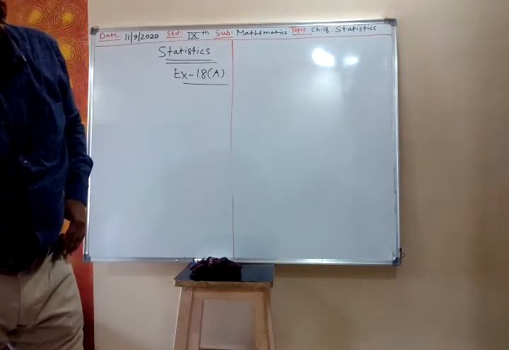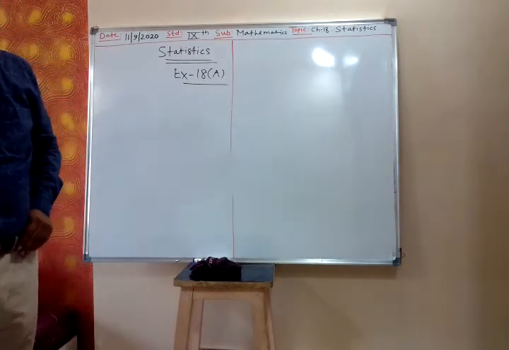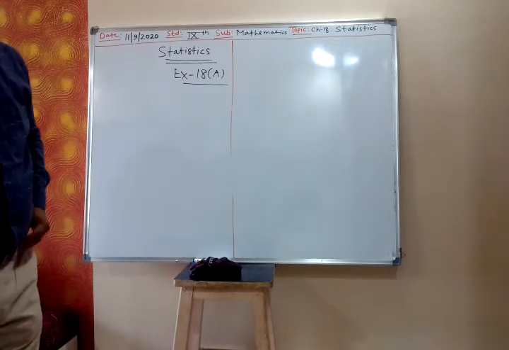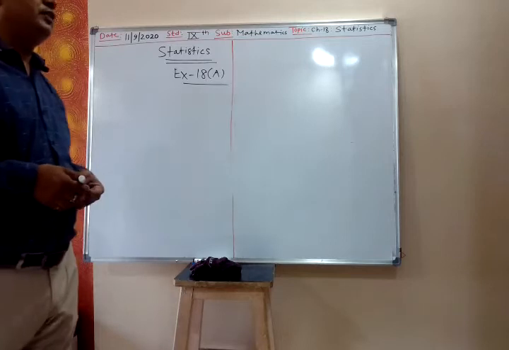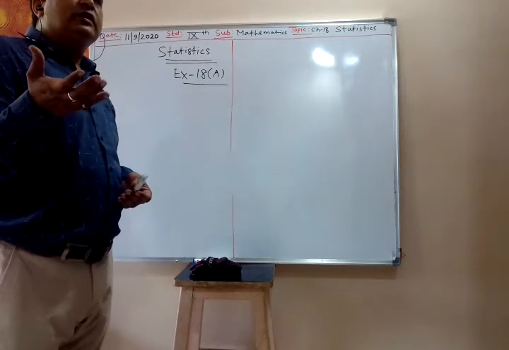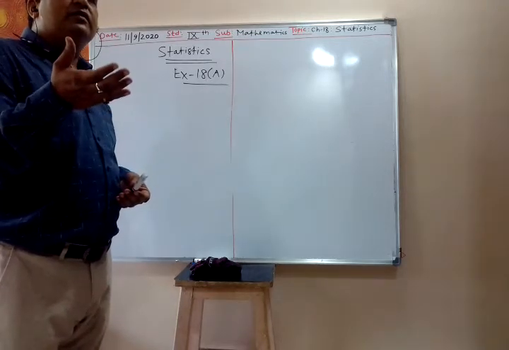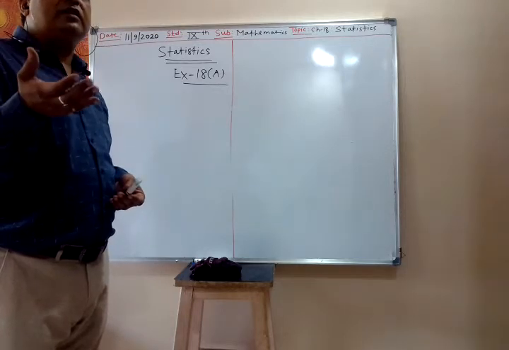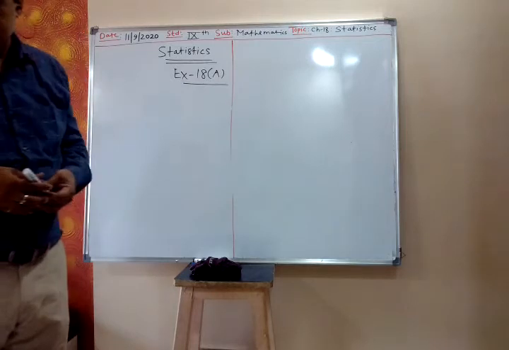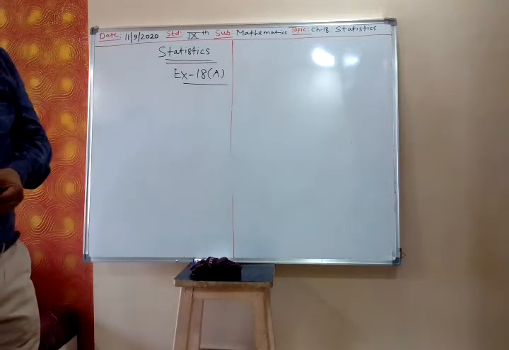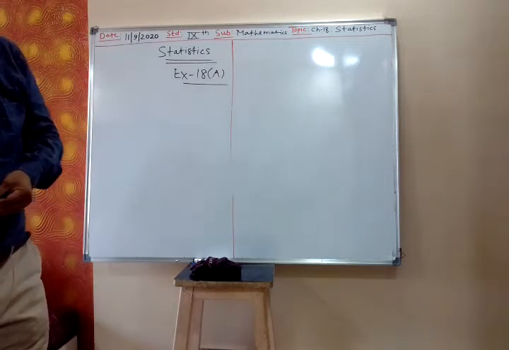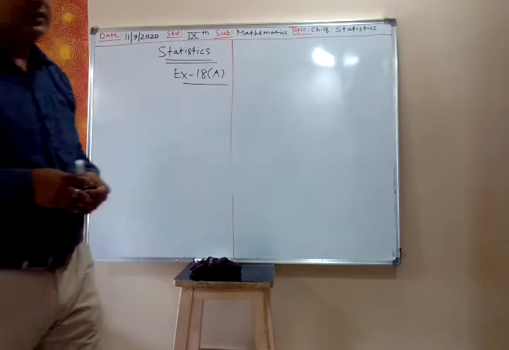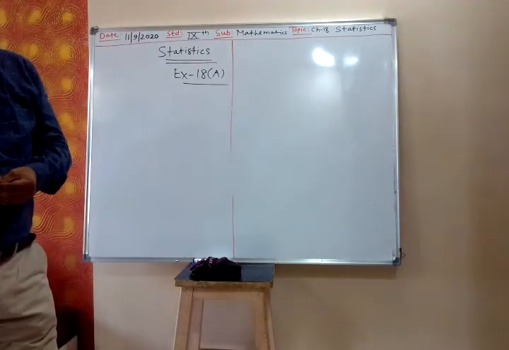Then distance traveled by a car, that will be continuous. Then size of shoes. Size of shoes means you may have size 3, 7 or 9, so they are not continuous. Then time, it will be continuous. Number of patients in the hospital, that will be discrete.